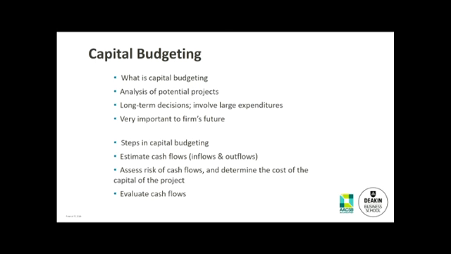What is capital budgeting? It is investment decision making: analysis of potential projects, A, B, C, D, E, F, G in front of us. It is a long-term decision that involves large expenditure. We have 6 projects in front of us, and we have limited capital in our pockets. We have to make an investment decision.